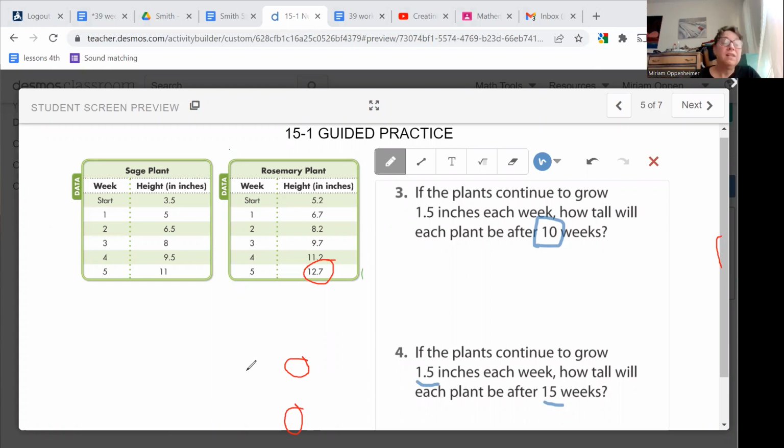But if you can't, just keep adding 1.5, 1.5, 1.5. Or you could do 1.5 times 5 weeks, right? To add 5 to here. And then you could do it again and add it to here. Does that make sense to you? Could do that and see how much that is. Okay, so there's a lot of different ways you could figure this out.